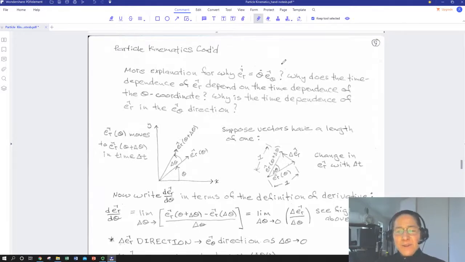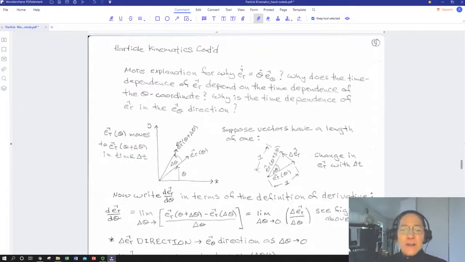So just another little geometrical look at why we have the time derivative of the unit vectors being kind of opposite to one another. Why does the time dependence of our radius unit vector depend on the time dependence of a theta coordinate?